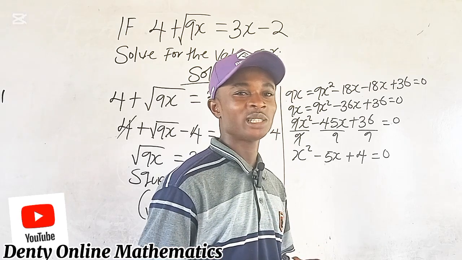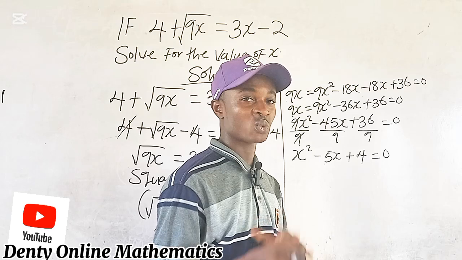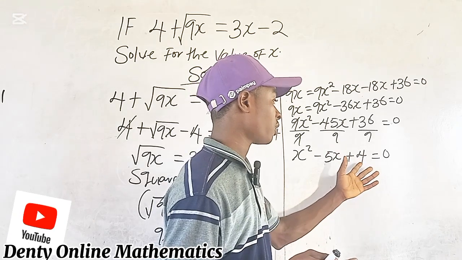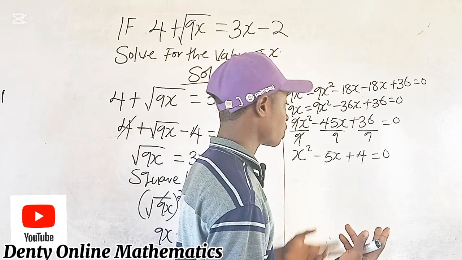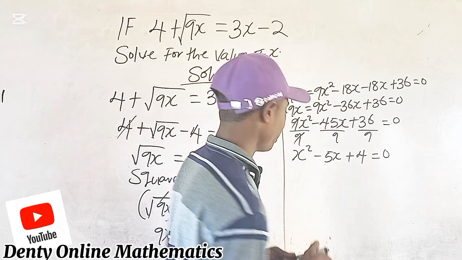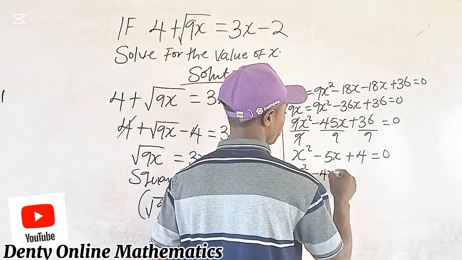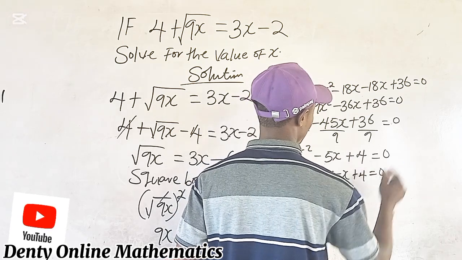The numbers are minus 4 and minus 1, because minus 4 times minus 1 will give me positive 4, and minus 4 plus minus 1 will give me minus 5. So I'll have x squared minus 4x minus x plus 4 equal to 0.